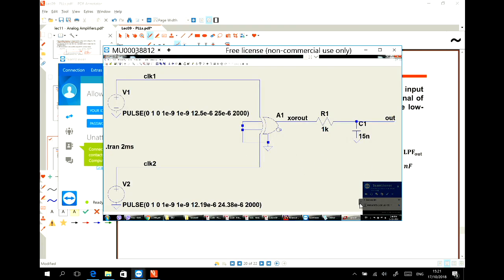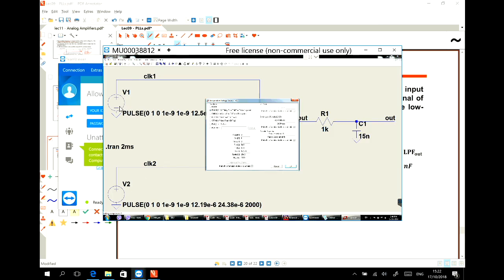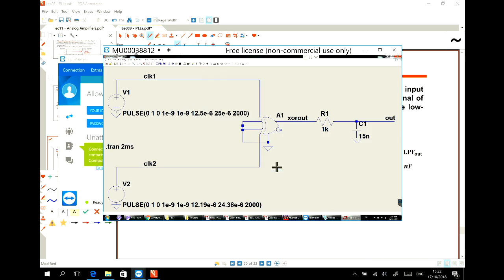Okay, so we have two signals, the V1 and the V2, and one of them is 40 kilohertz and the other one is 41 kilohertz.